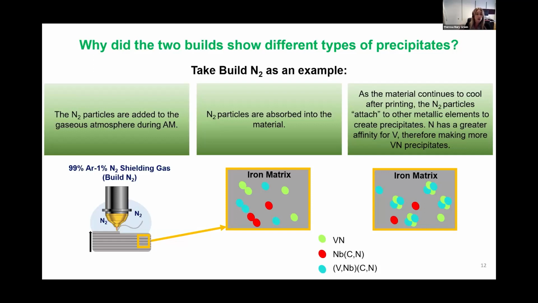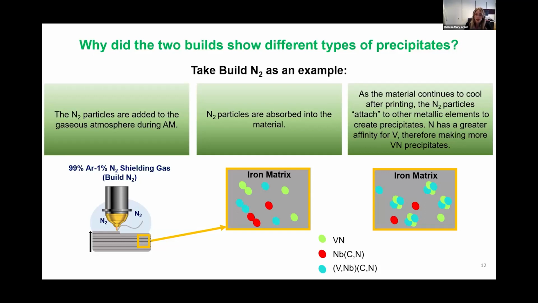As the material continues to cool after printing, the nitrogen particles will attach to other metallic elements and create clusters or precipitates. And nitrogen has a greater affinity or a greater attraction to vanadium than other elements, therefore making more vanadium nitride precipitates. And this would be in contrast to build CO2, which had a greater amount of carbon content. And carbon has been shown to have a greater affinity or attraction for niobium. So this means that in build CO2, you had more precipitates enriched in niobium and carbon.